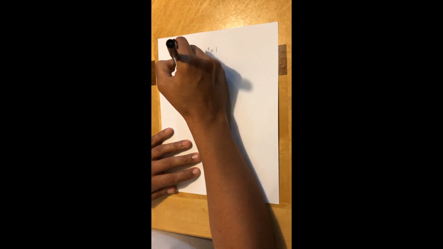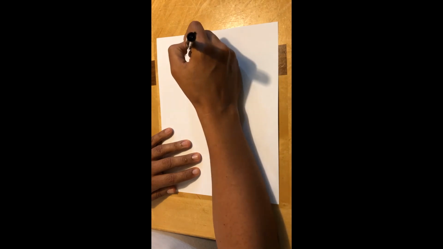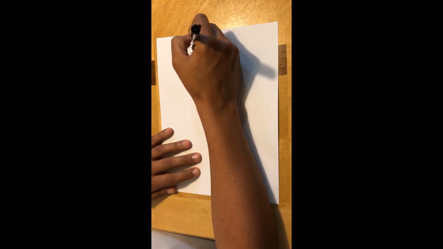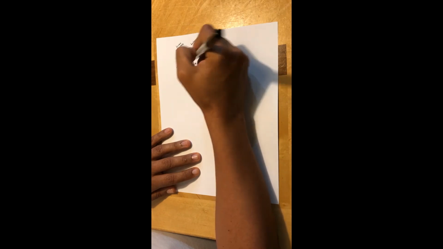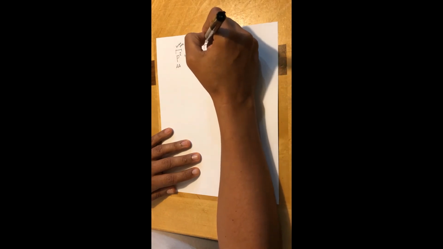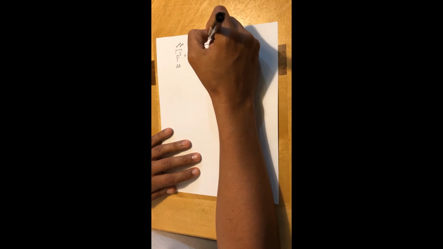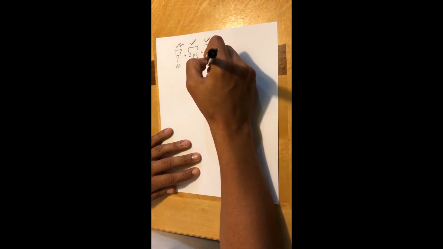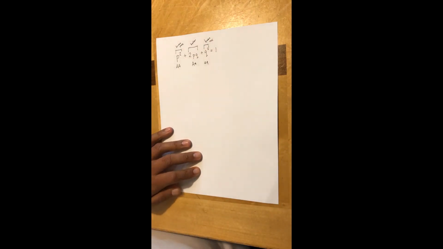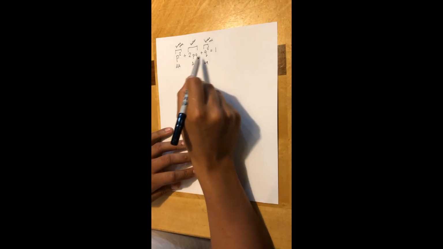So that's kind of like my big A, big A. My 2PQ, it's all those that are heterozygous, my big A, small a. And then Q squared are all those that are homozygous recessive, small a, small a. So hopefully you guys see that pretty well in this video. So those are my genotype frequencies.